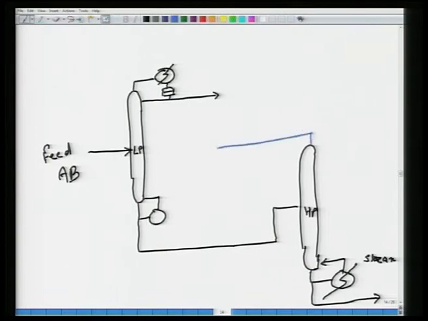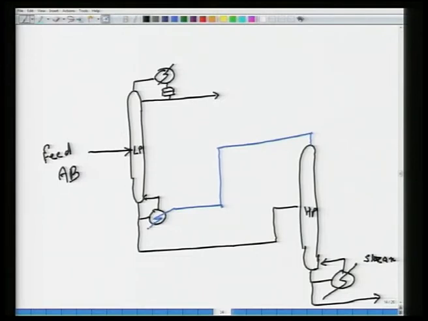This is hot vapor. This is condensed here, and this hot vapor provides heat to create reboil in the low pressure column. So, the blue stream condenses and that gives you the black stream going as reboil into the low pressure column.